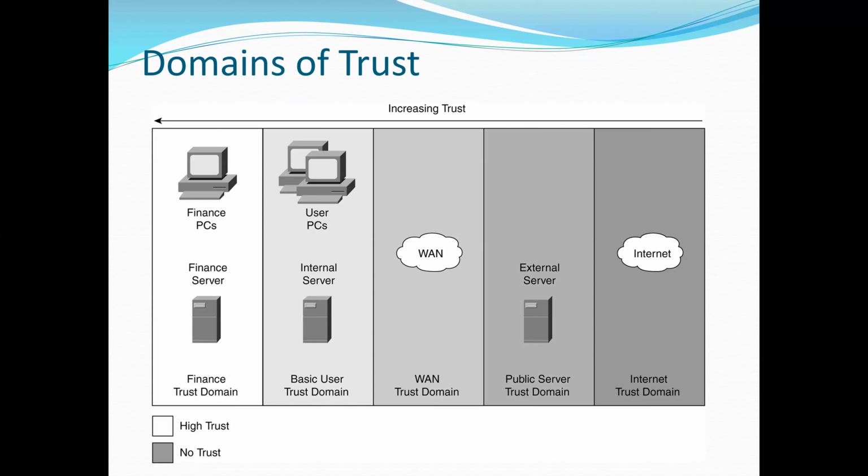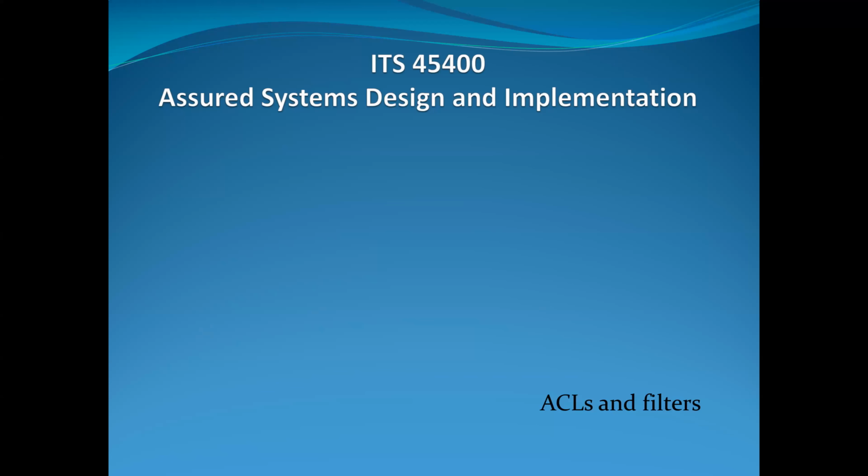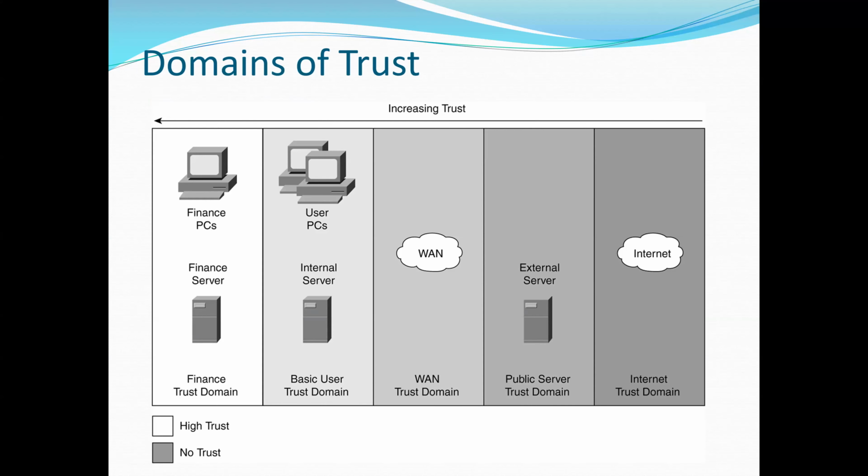Okay, here I do want to talk about this. As a system administrator, you're going to think of ACLs and filters and rules. There's one concept that I think I've mentioned several times, but I should provide a formal definition so that you're aware of it. In network security, there is something called domains of trust.